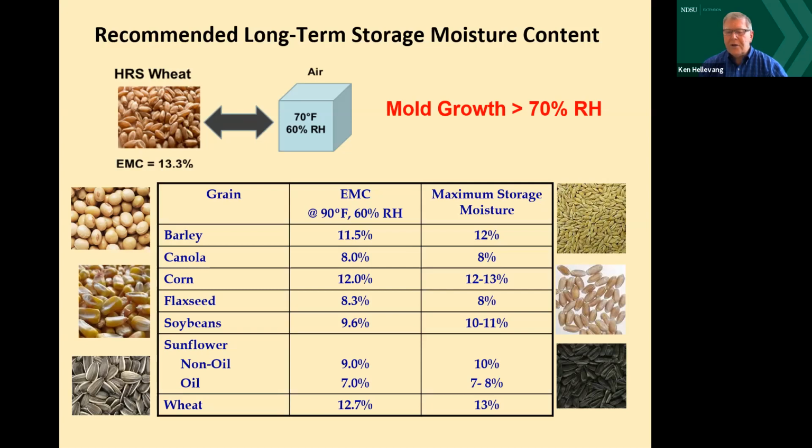Soybeans, equilibrium moisture content, 9.6, and typically again at these warmer temperatures, the recommended maximum moisture content for storage would be 10 to 11%. And then wheat is at the bottom, 12.7% equilibrium moisture content, and we typically recommend a maximum moisture content of about 13 or maybe 13.5% moisture for long-term storage.